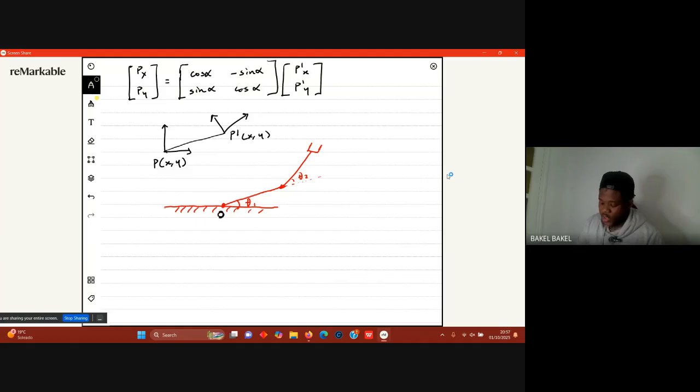This is origin O, this is A, and this is E, end effector. It can be B, whatever. Now, we can have an axis here, right? We can now have another axis. If you notice, this axis has been moved and rotated, and then we can have another axis up here.